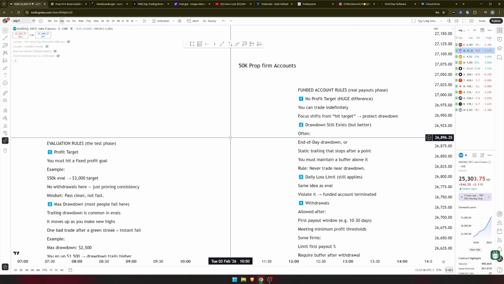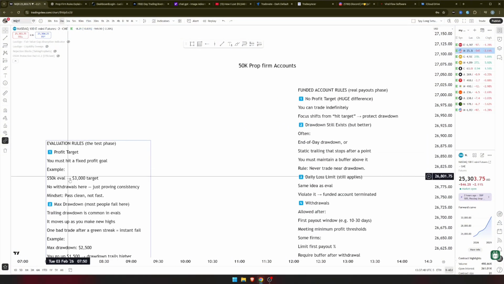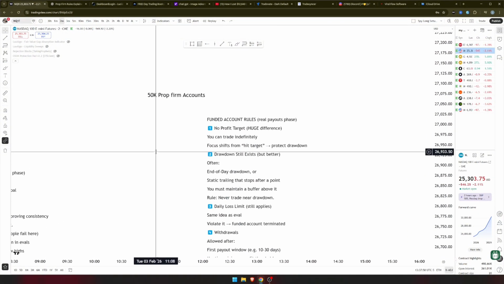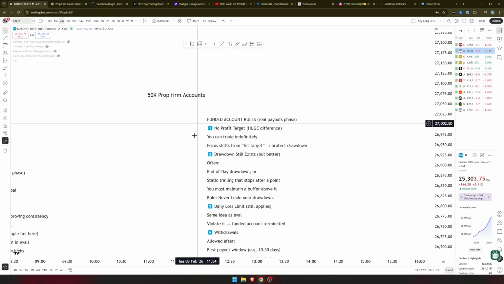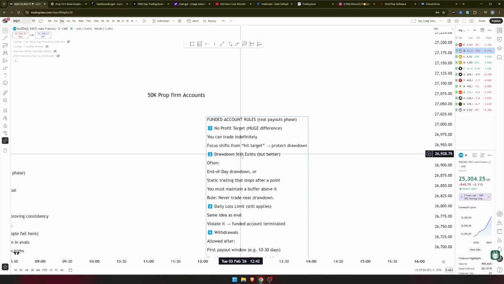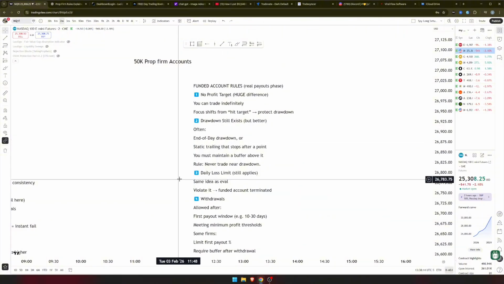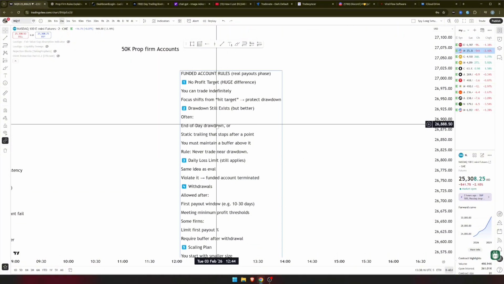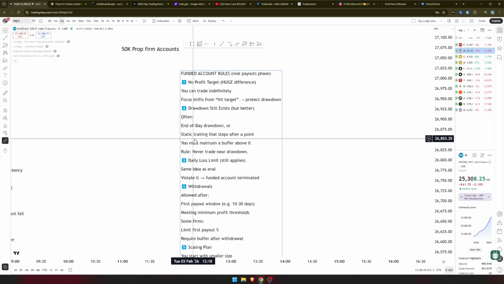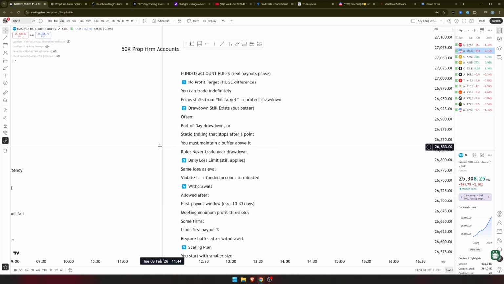What happens is when you pass your evaluation, you hit your 3K profit target, and then you get funded, and then you go back down to 50K. So you're starting from ground zero again. So your drawdown is still going to exist, of course. You'll have your 2,500, some are 2,000, but your end of day drawdown or static trailing stops after a point. So it'll stop after 2K profit or 2,500 profit.